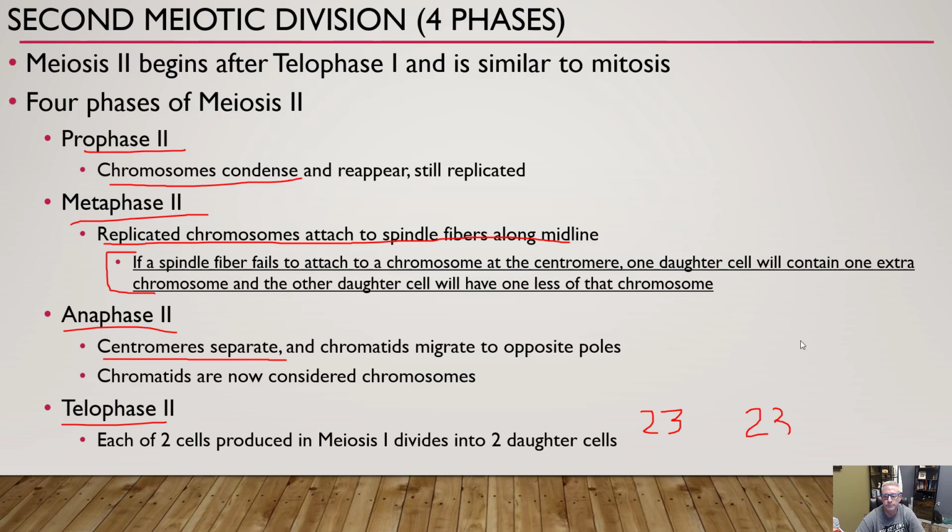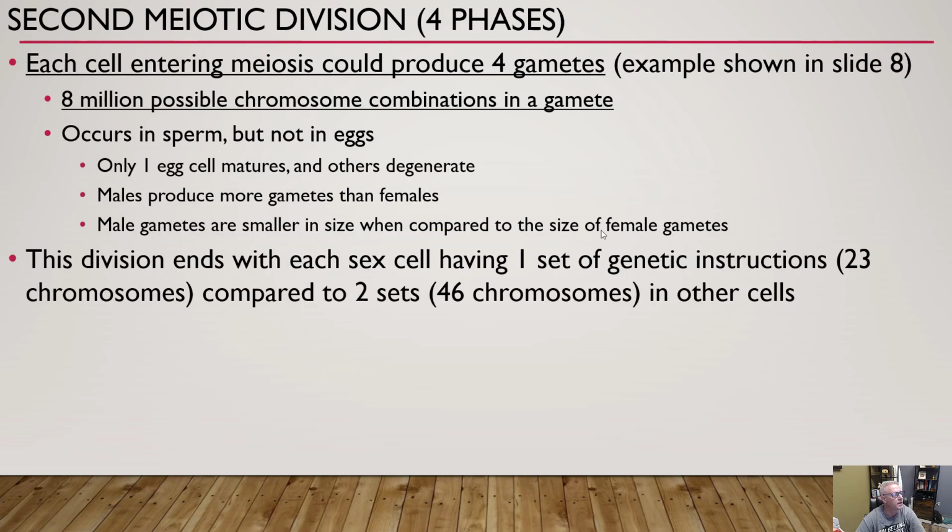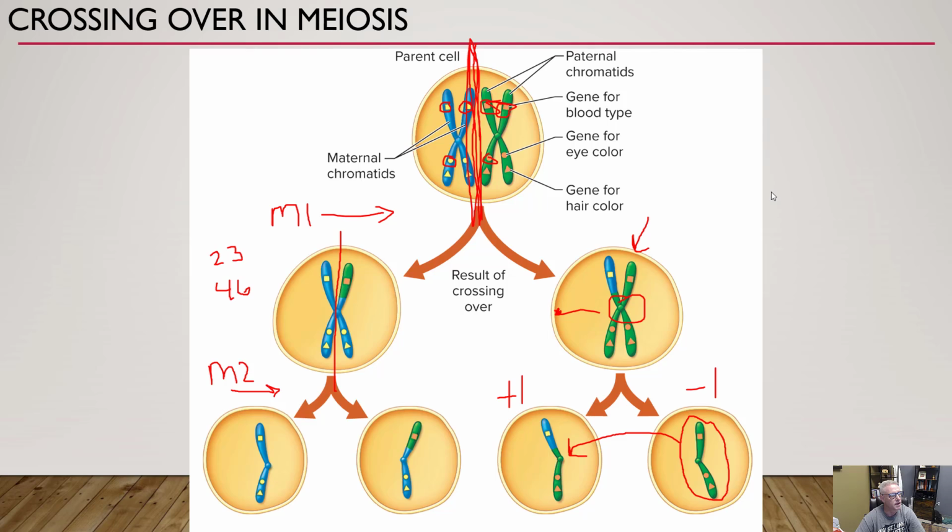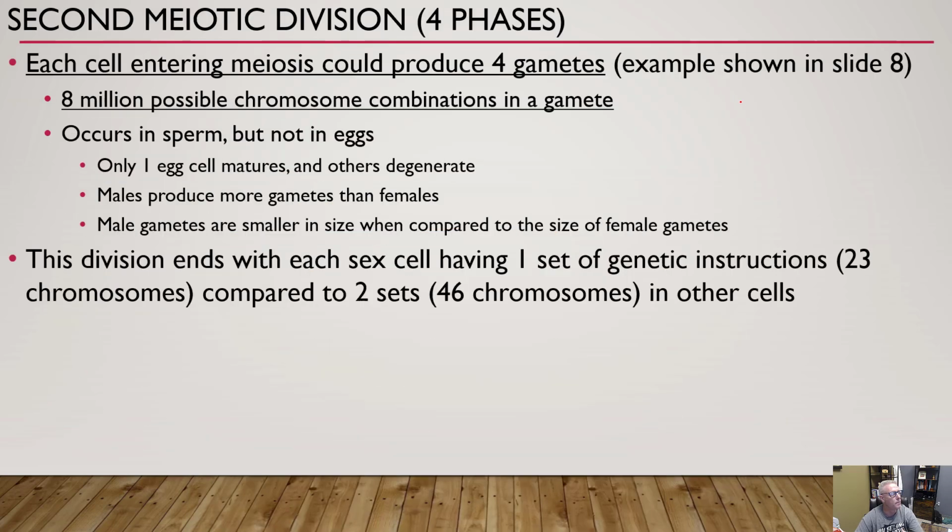All right, so as we saw in this slide up here, we start out with one cell prior to meiosis 1, and at the end of meiosis 2 we produced 4 gametes.